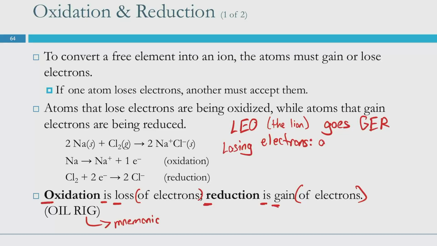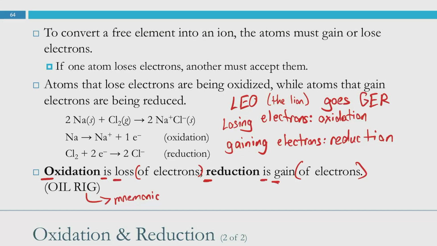Losing electrons is oxidation. Gaining electrons is reduction. Both perfectly good mnemonic devices to remember oxidation and reduction.